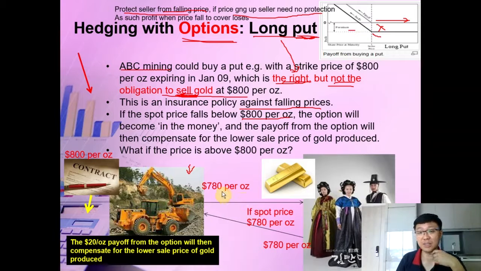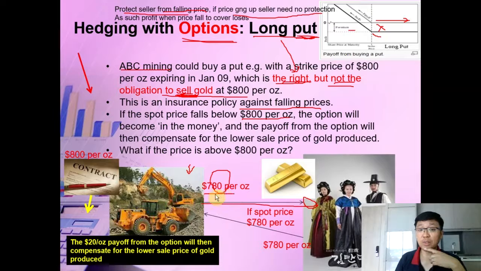So here is just a scenario, right? For example, this ABC company, a mining company, if the price drops, let's say from 800 to 780 per ounce, this is the market price. They will have to sell at the market price to the merchants over here, at 780, right? So what happened here?